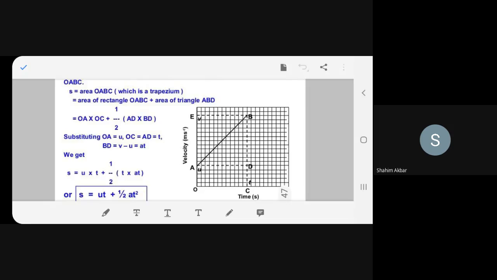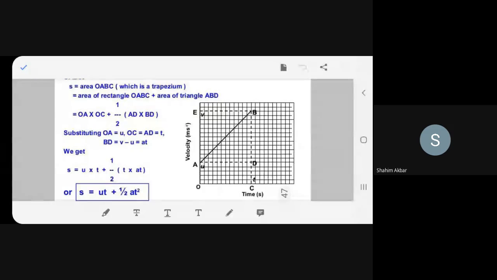Okay. Now we are concerned with this area. What is this area? O, A, B, and C. Now you can see that the trapezium is made up of O, A, D, C. That is a rectangle, OADC. And the other one is A, B, and D. What is this?